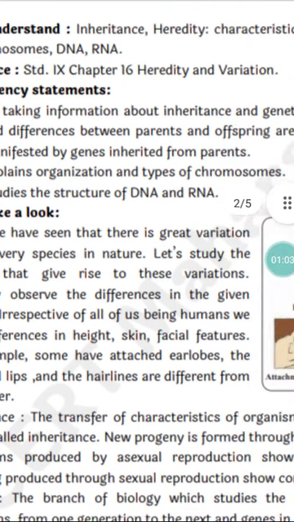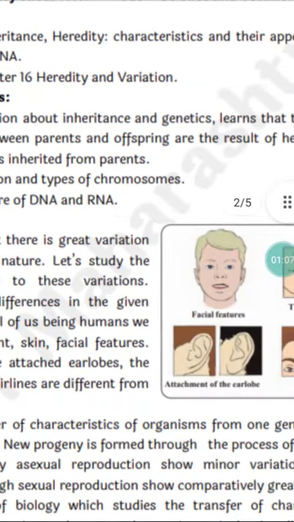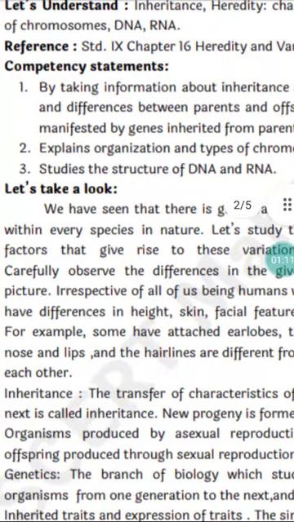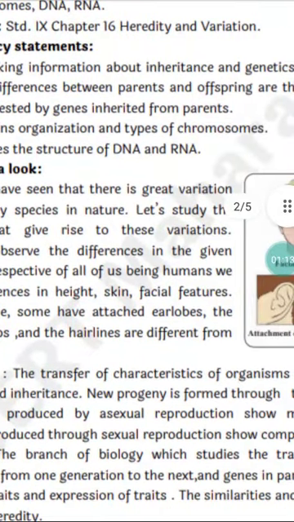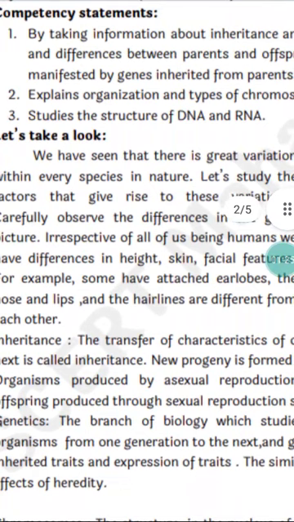This chapter includes information about inheritance and genetics, and it also explains the organization and the types of chromosome. Also we have to study the structure of the DNA and the RNA. So let's take a look.